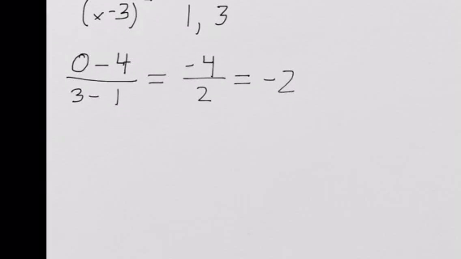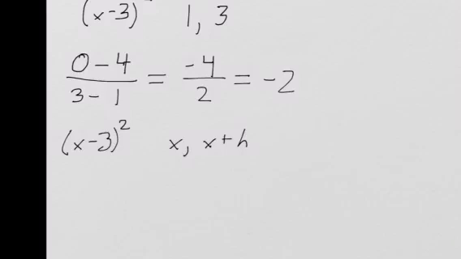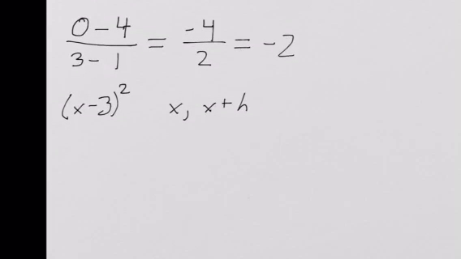But sometimes we want to know, I'm going to use the same formula, x minus 3 squared, and I want to know between x and x plus h. So again, I can plug it in the same way.